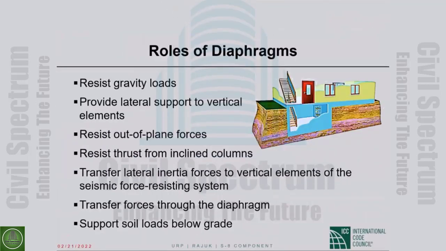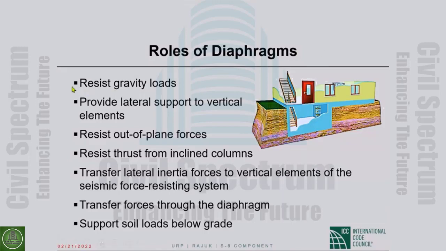These are the different roles that diaphragms play. This is gravity loads, not acting as diaphragm, acting as slab, but anyway, that's a role. Provide lateral support to vertical elements. That is important. Laterally, diaphragms provide lateral supports to frames, shear walls, and so forth. Resist out of plane forces.